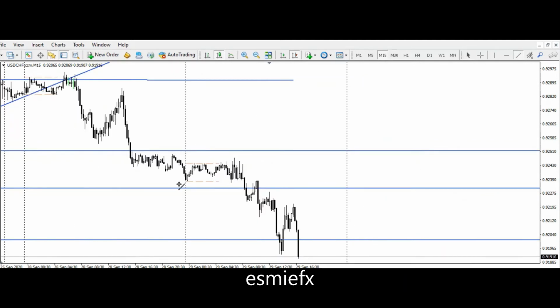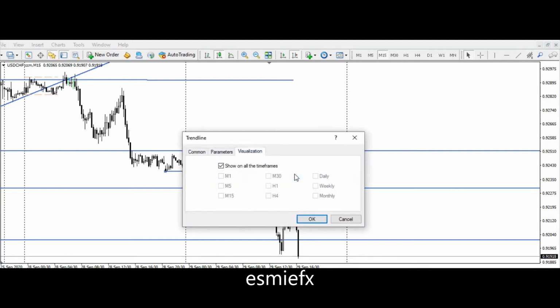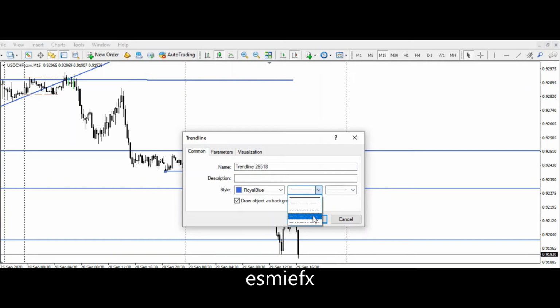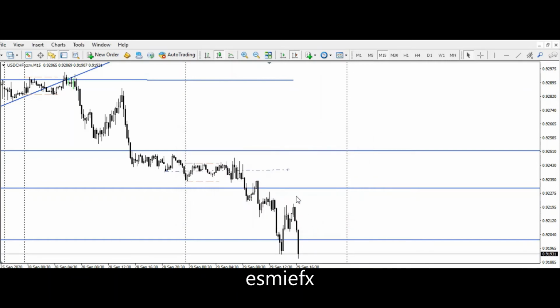So this was yesterday's low. It acted as resistance because the market was going down. Previous day low here during London Open.